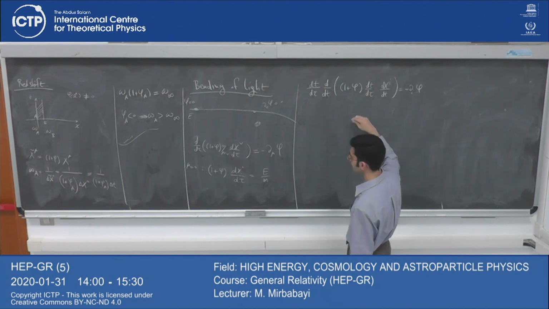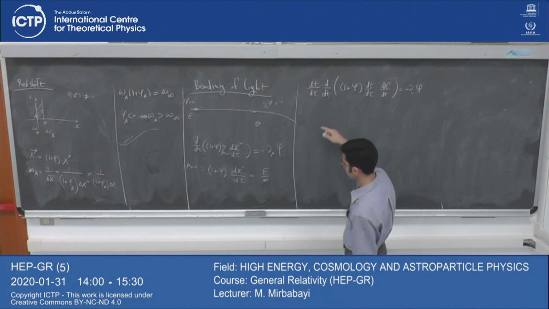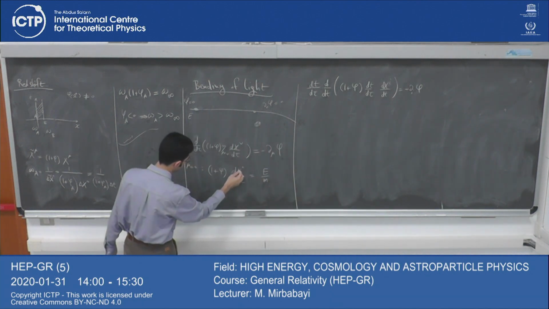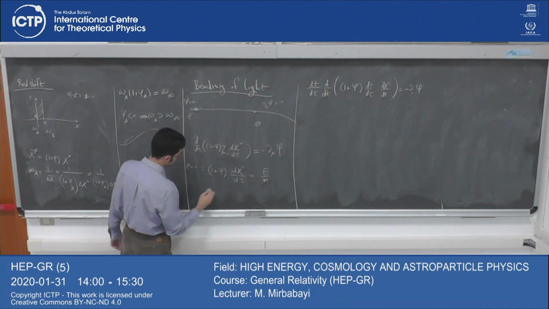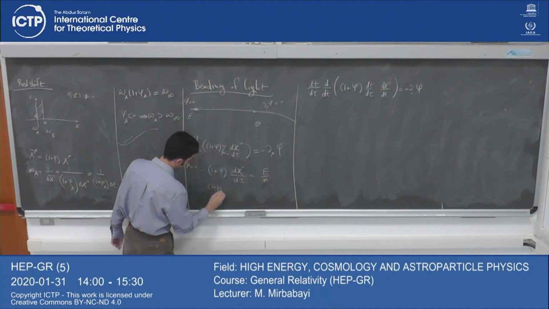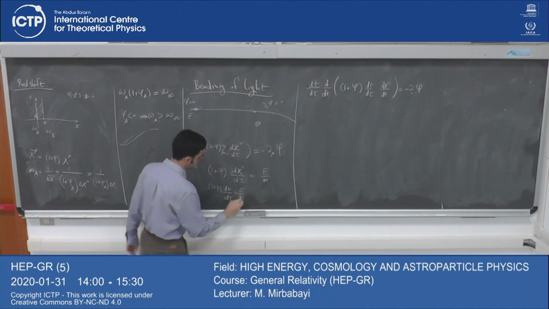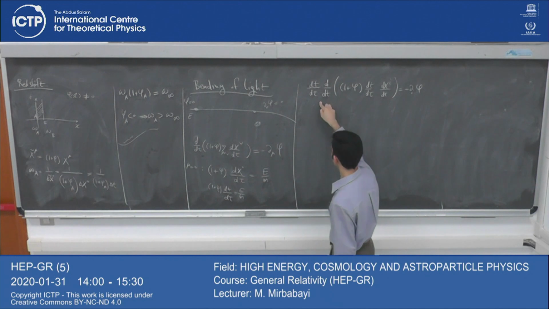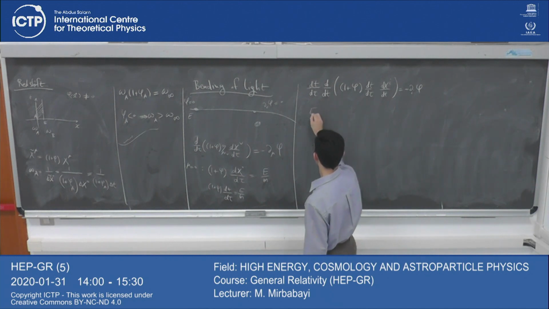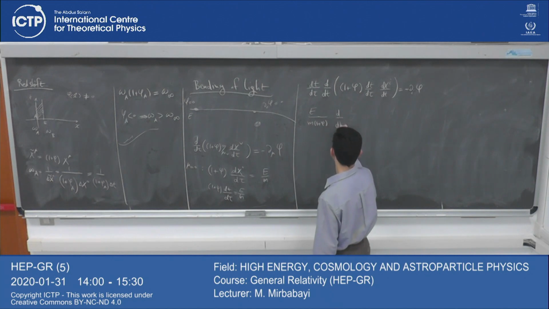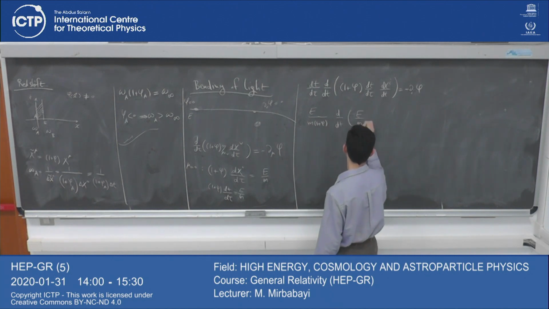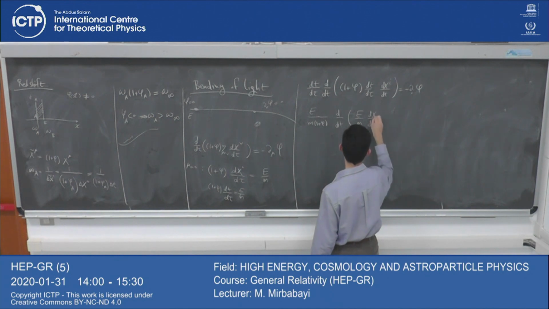Now we use this expression. So remember, x0 is t. So this is 1 plus phi times dt over dt is equal to e over m. So we use this to replace in the left hand side. So I get e over m times 1 plus phi d by dt, times e over m d by dt of xi, equals minus di phi.